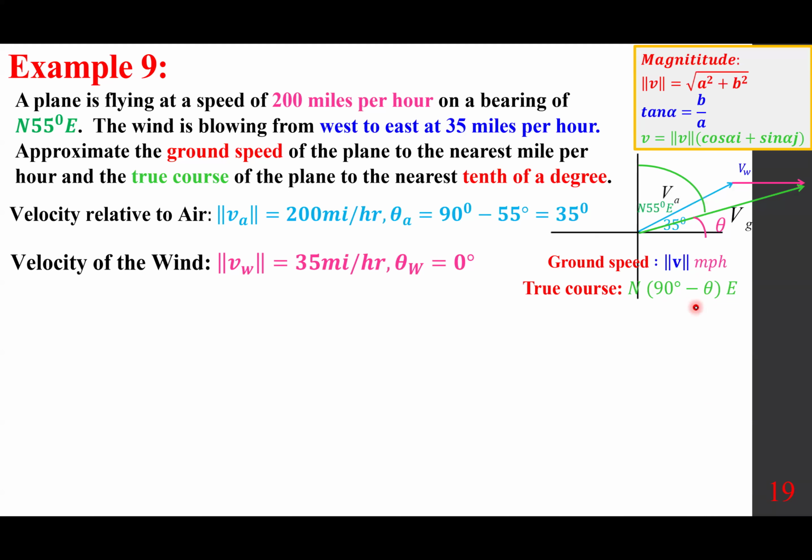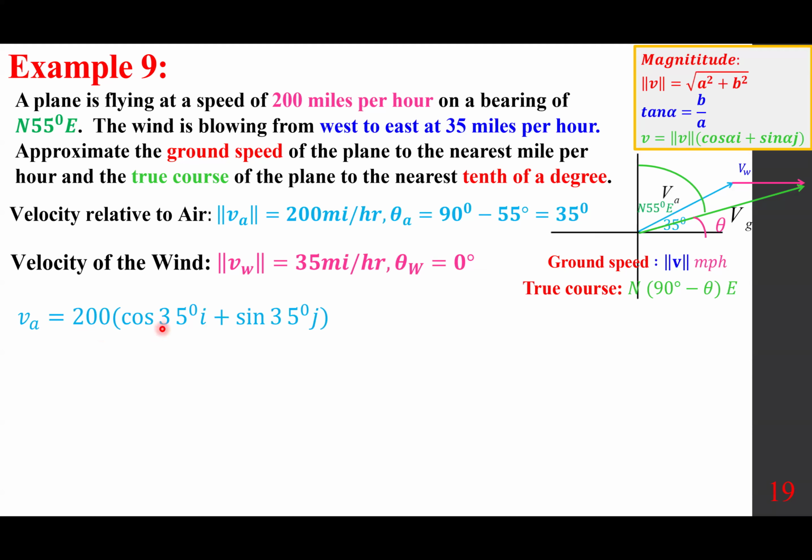So components, they add up. So that means we need to add those two. And to add those two, we go with the components using this. The vector is its magnitude times its unit vector, cosine alpha i plus sine alpha j. So 200 is the magnitude, cosine of 35 degrees i plus sine of 35 degrees j.